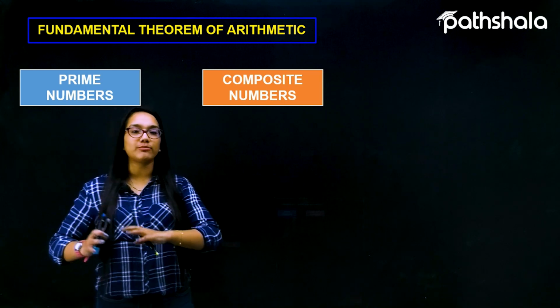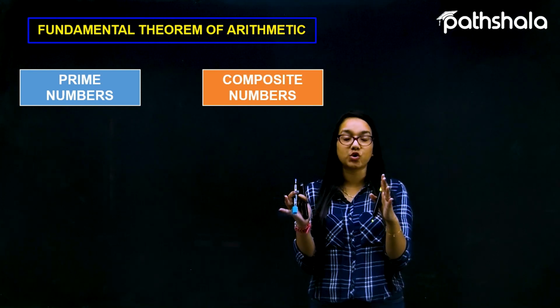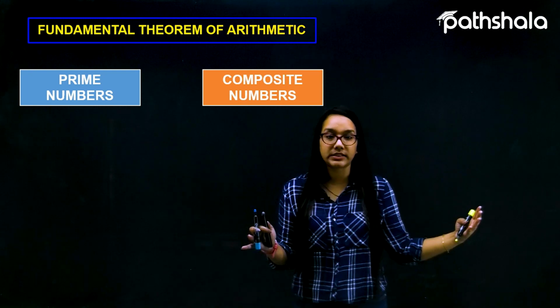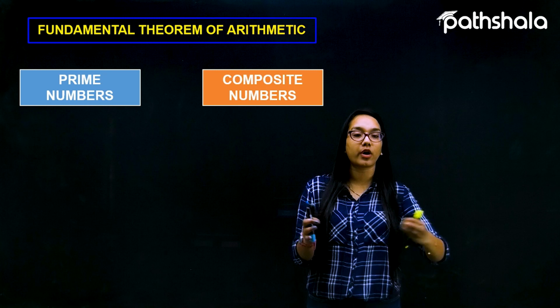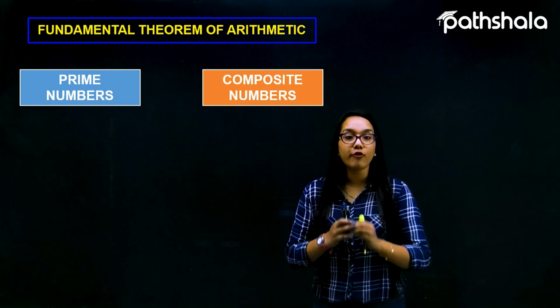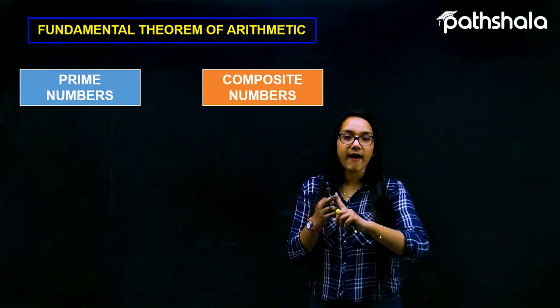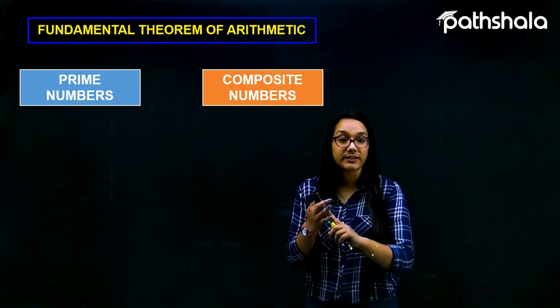But now let us talk about the composite number. What is the meaning of a composite number? Any number which has more than two factors is called a composite number. Let us take the number 4. The number 4 has more than two factors. Why so? 1 is a factor of 4, 2 is a factor of 4, and 4 itself is a factor of 4.